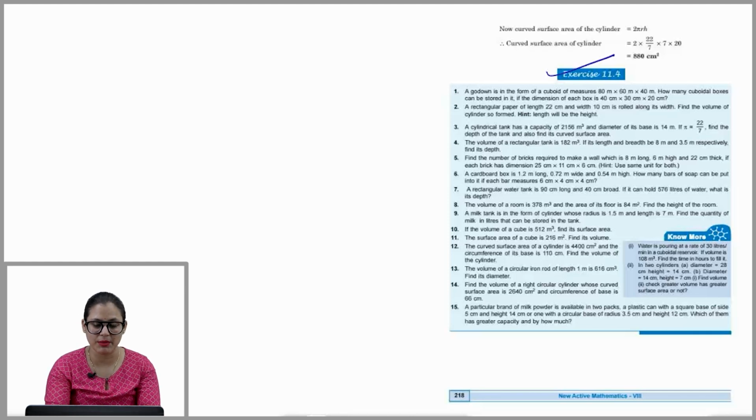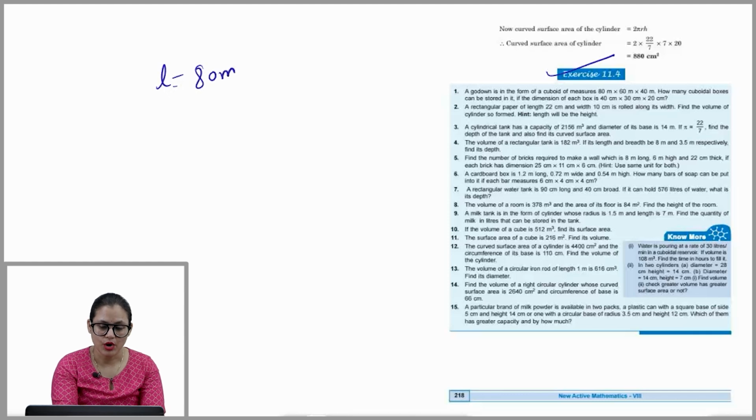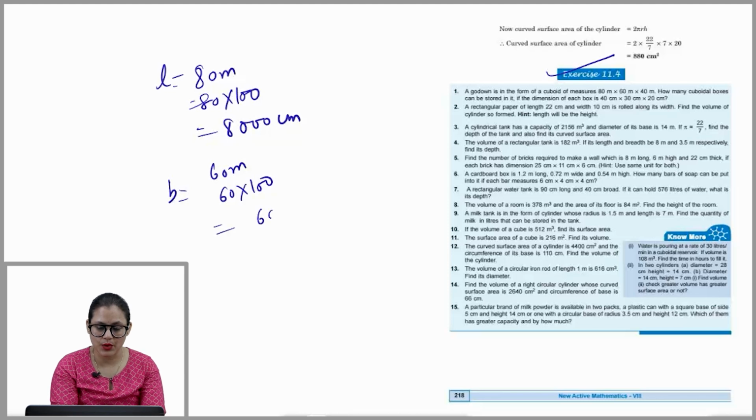So first, dimensions of cuboid: length is 80 meter or 80 into 100, that is 8000 centimeter. Breadth is 60 meter or 60 into 100, 6000 centimeter. And height is 40 meter, that is 40 into 100 is equal to 4000 centimeter.